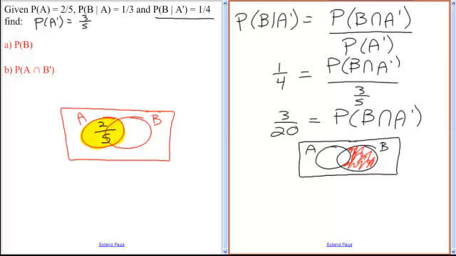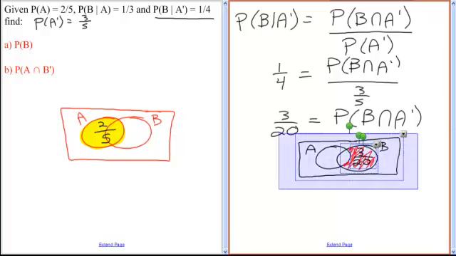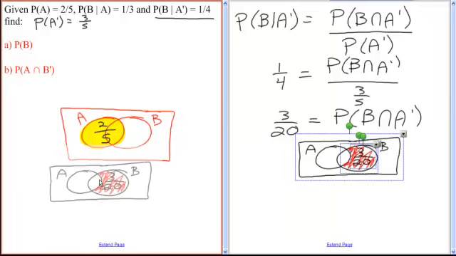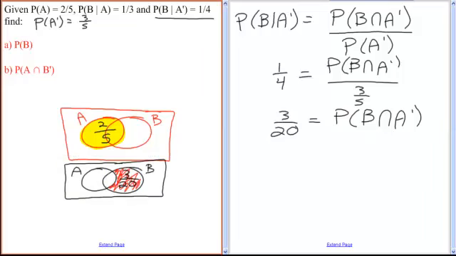So that region right there is 3/20. I'm going to fill that in. This is 3/20. Okay. So now I have that piece to it. So I know B intersecting with the complement of A is 3/20. So that gives me part of my picture. I'm going to move this over on this side because this will be helpful in a little while. We're going to put all of these pieces together.